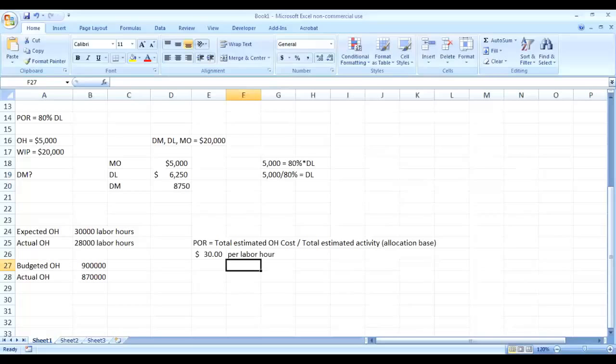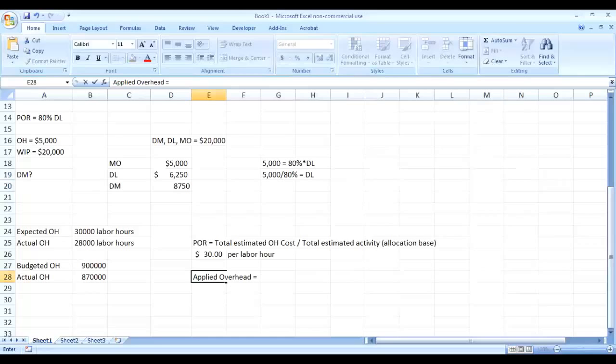One thing that problem didn't ask, but others did, and it's worth talking about now: we always determine our predetermined rate as total estimated cost divided by total estimated activity. How do we always apply our overhead? Applied overhead is what they actually used.